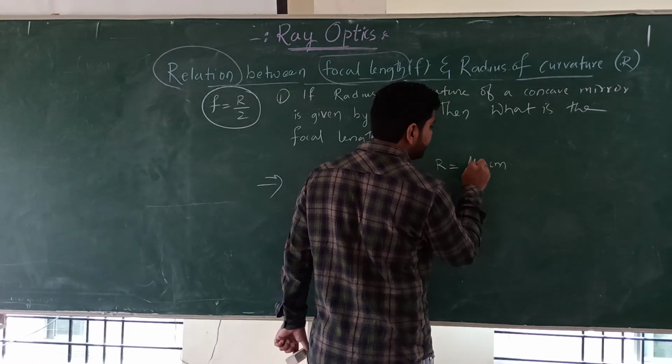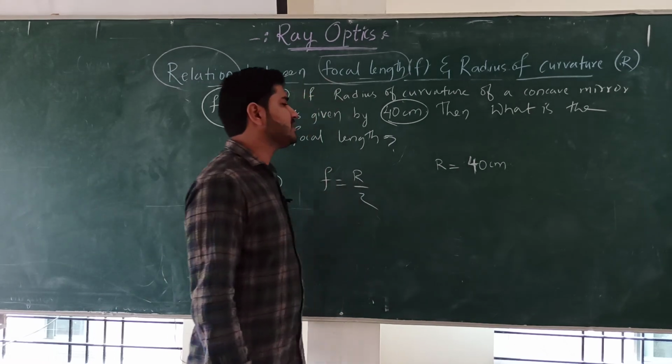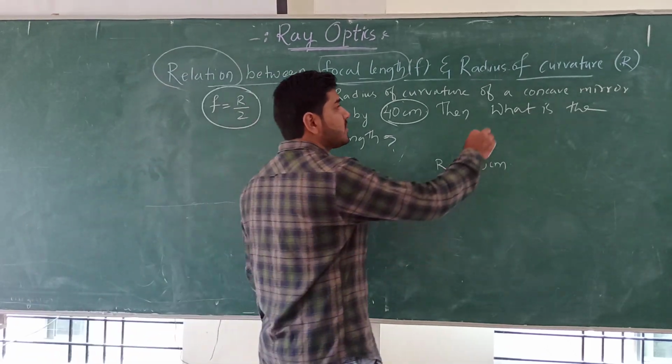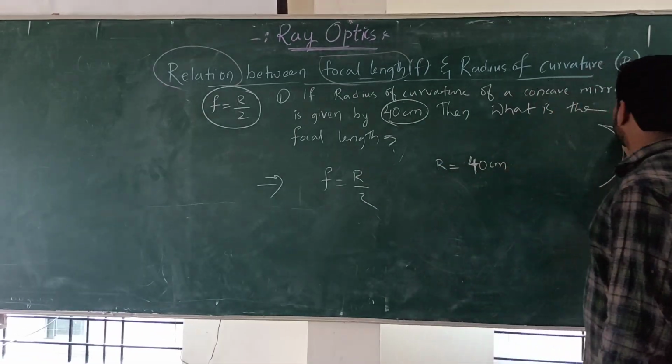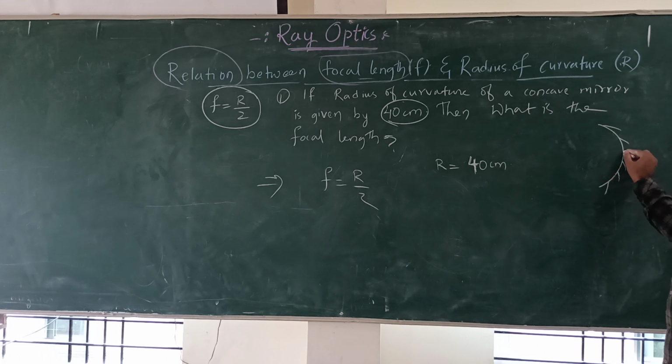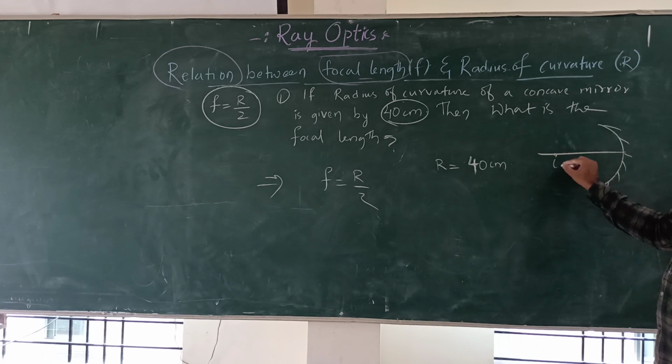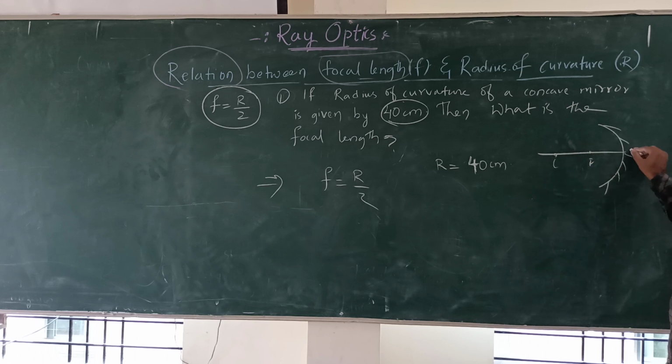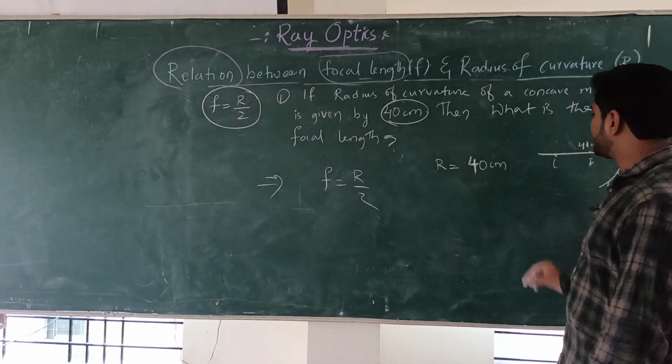This is the main important question. This is a concave mirror, this is C, this is F. From the pole to the center of curvature it is 40 centimeter, so the radius of curvature is 40 centimeter.